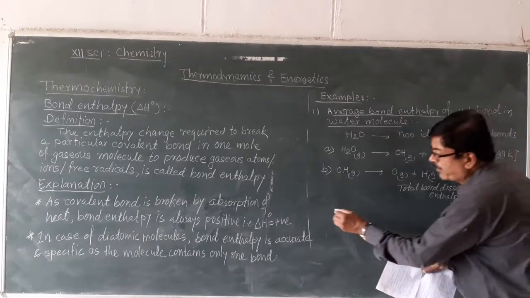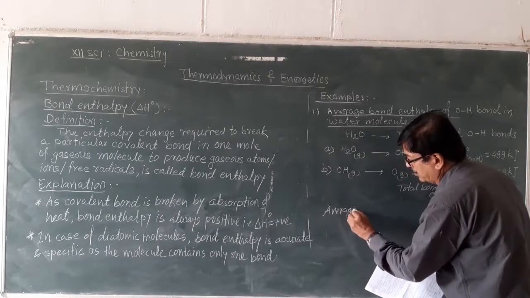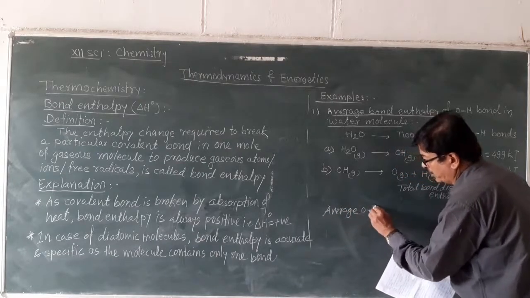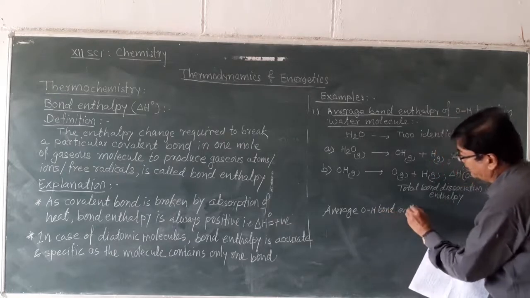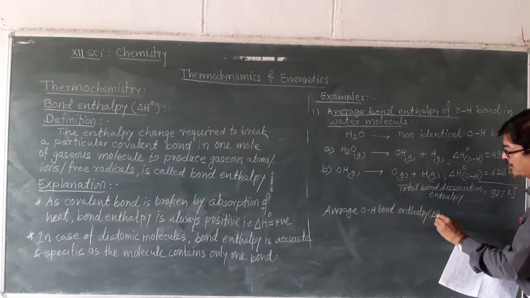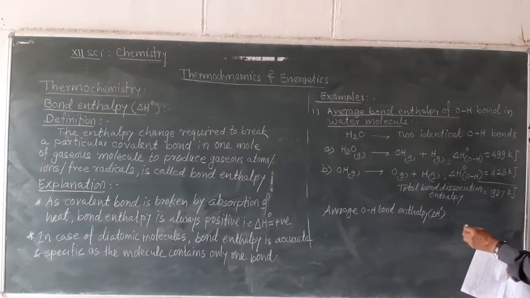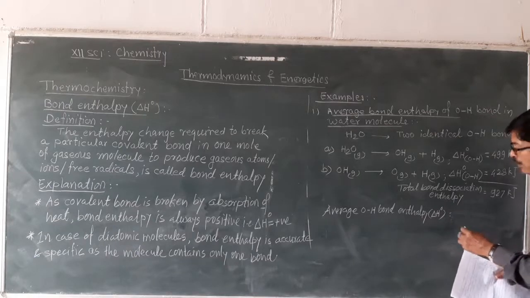Now from this value you can calculate the average OH bond enthalpy, delta H naught of OH bond.